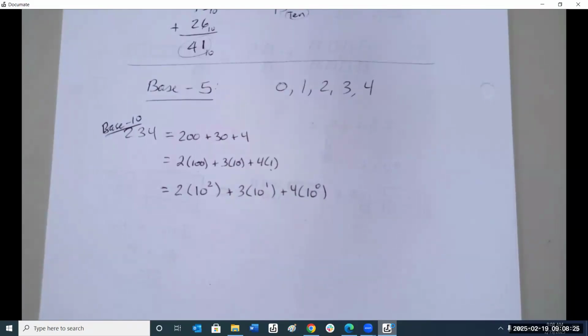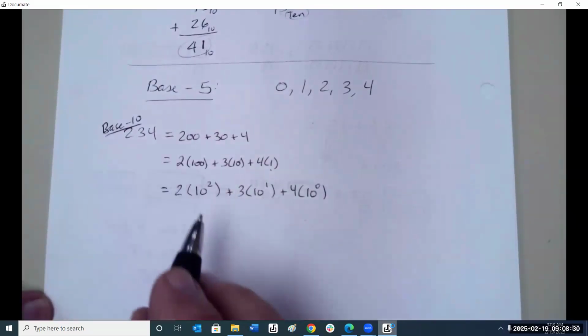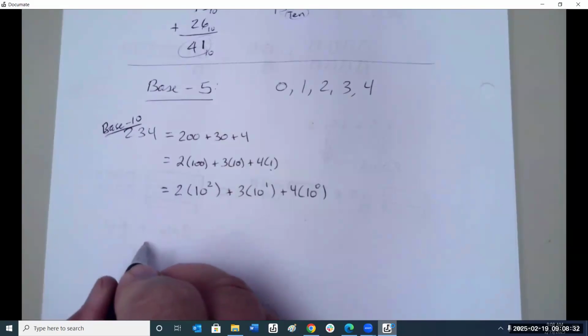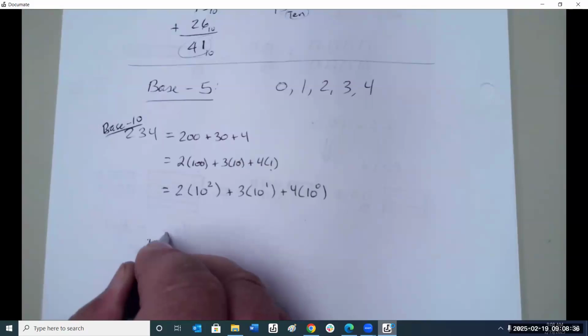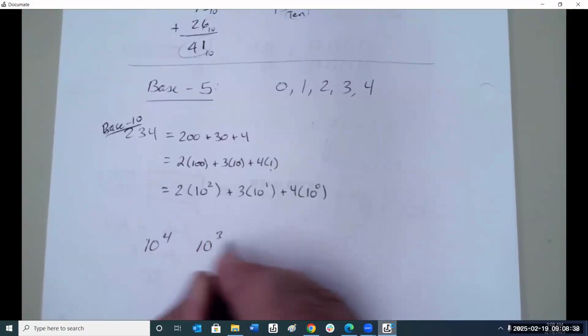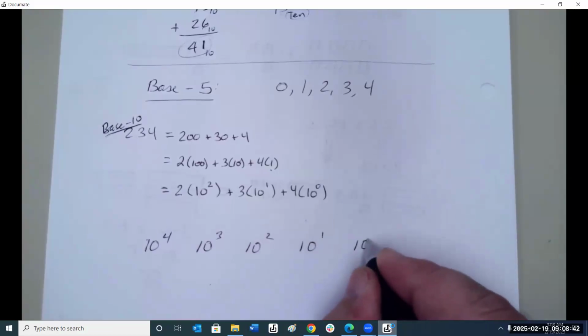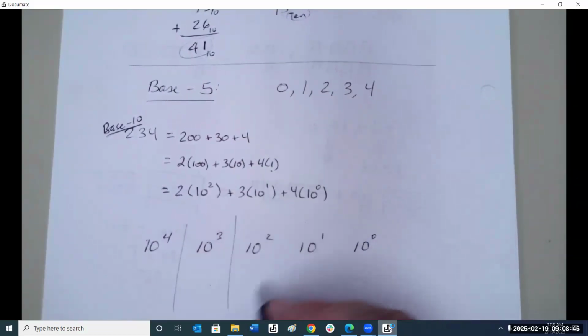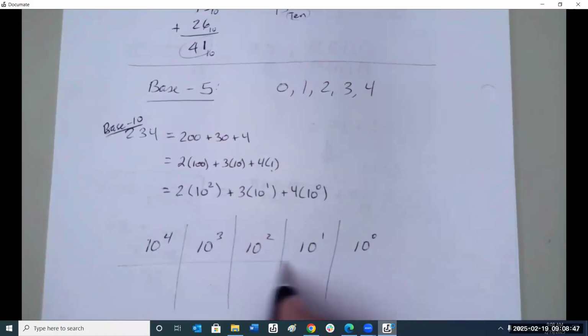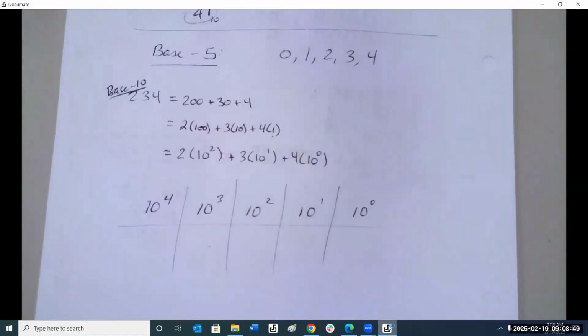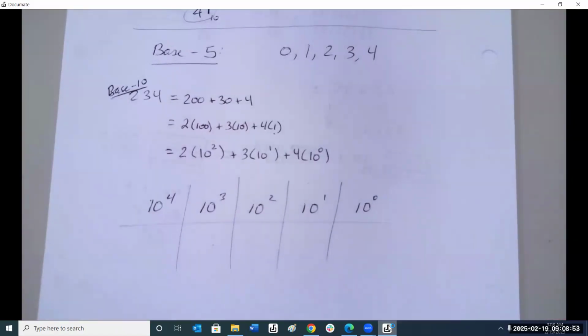This is how we can determine what that value is. So when we have a number, whatever number we have, when we write it out, it has to fit in one of these columns.